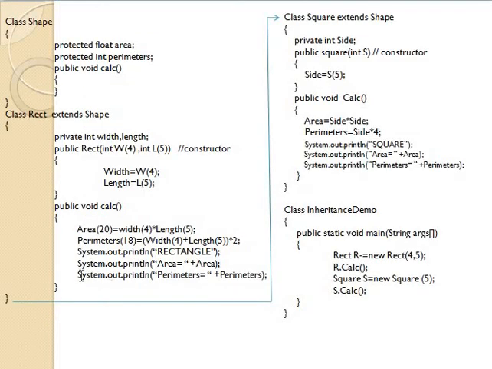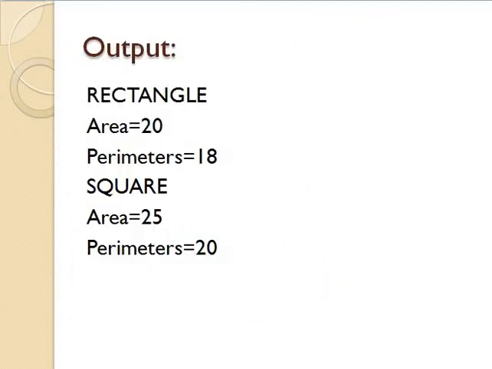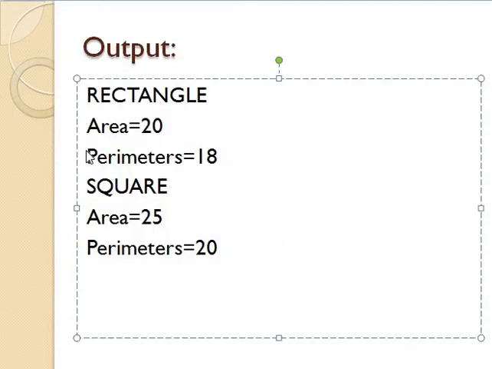Then again come to the next line. This line, that is system.out.println, this time prints the text perimeters equal to, because this text is also within inverted quote. So again in the output you will see the text perimeters equal to getting displayed exactly as it is.